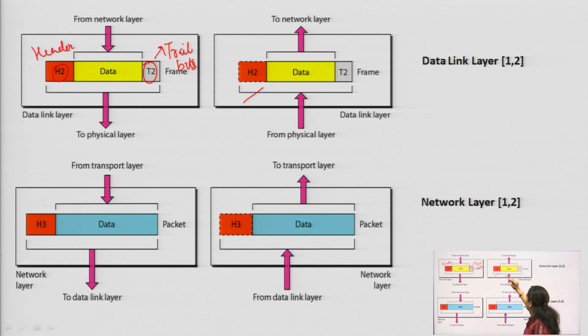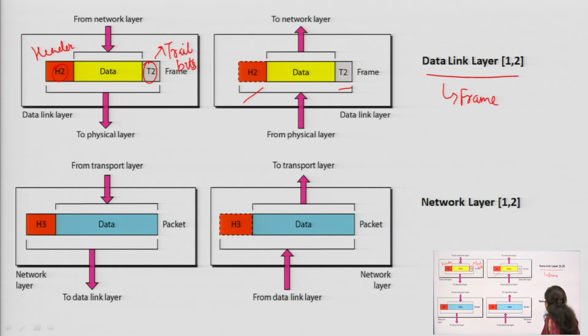So, this is H2 and this is T2. Now, whenever we are going to add header and trail bits to the data, headers are always added initially and trail bits will be added at the end, it will make up a frame. So, this is the frame that has been formed at the data link layer.